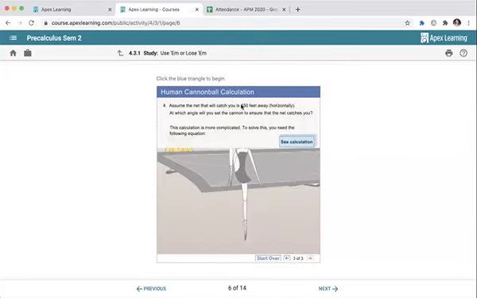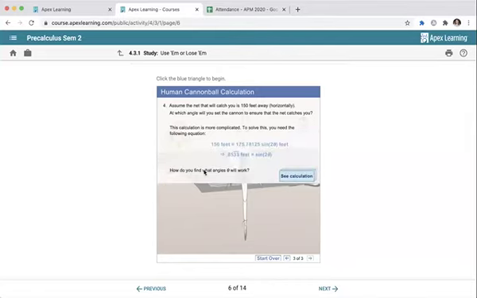Then assuming that our net is 150 feet away horizontally, at what angle would you set the cannon to ensure that the net catches you? So this calculation is a little bit more involved. Obviously we would need to divide first to get our sine by itself. Then we've got our feet is equal to sine of 2 times our angle.